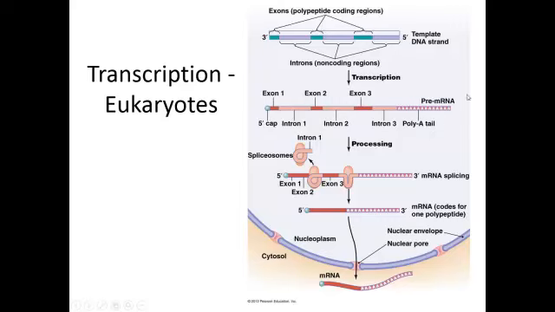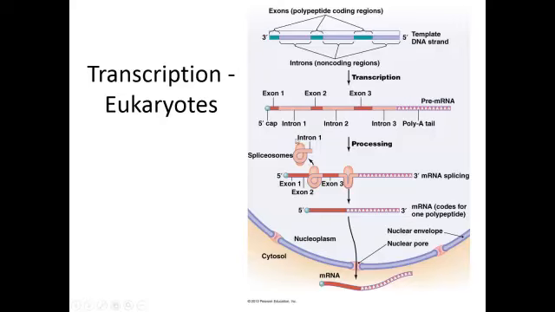Also, something that acts as an expiration date is a poly-A tail added onto the end. There isn't on the gene a template for the poly-A tail. The RNA polymerases in eukaryotes just automatically add those in.